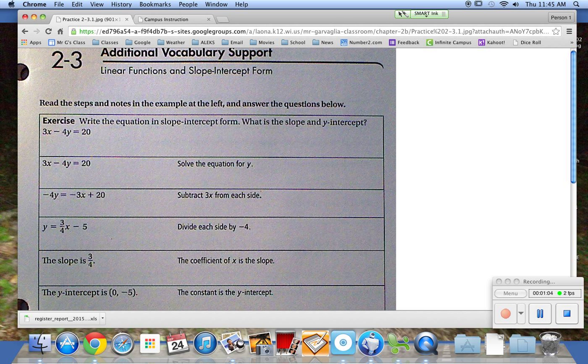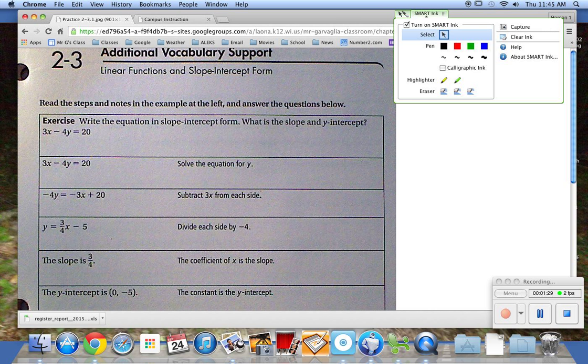What this basically is, we're going to learn about linear functions and slope-intercept form. You've done the slope-intercept form before, haven't you? Yep. Geometry. What is it? Y equals mx plus b. So we're going to take a linear equation and make that into the slope-intercept form.